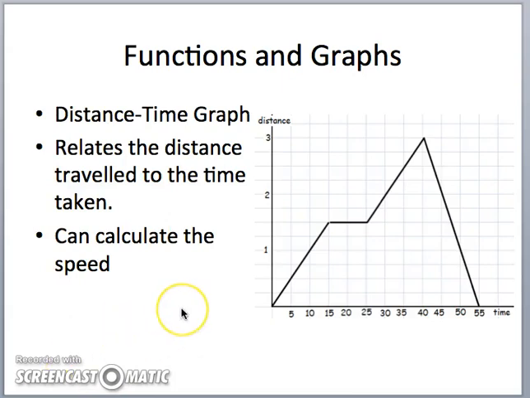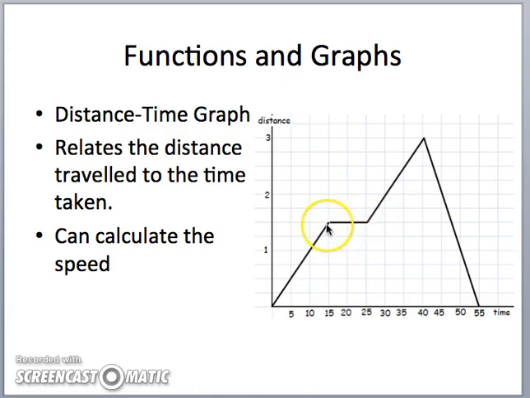The other type of graph that comes up is distance and time graphs, a graph showing how far away from a certain point somebody is and how long they've been travelling. Here you can see that they start at 0 and in 15 minutes they travel 1.5 kilometers.